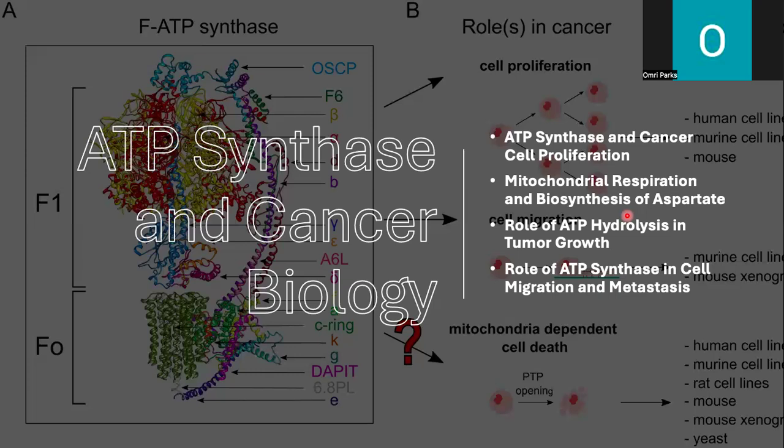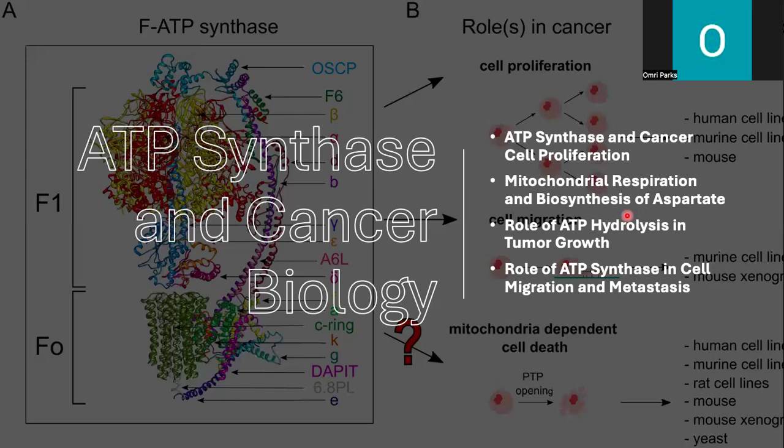So for the role of ATP hydrolysis in tumor growth, ATP hydrolysis happens under hypoxic conditions. In osteosarcoma cells, it is IF1 silencing, which basically prevents the inhibition of ATP hydrolysis, that causes ATP hydrolysis by the F1 component of ATP synthase under anoxic conditions.